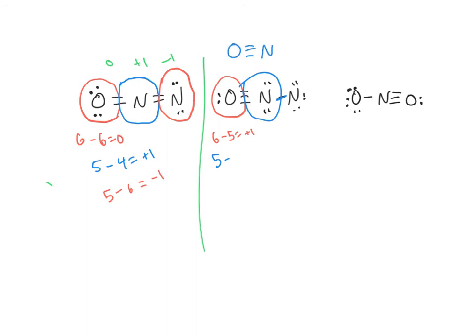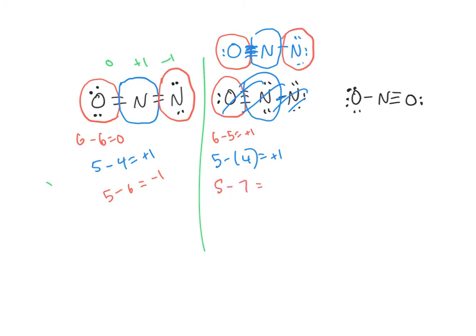Oxygen, nitrogen, nitrogen. Making a mess. That's a triple bond. Okay, so it's 5 for the nitrogen by itself, and there's going to be 3, 4 inside the circle. So this is going to be plus 1. And then on this side, you've got 5 by itself, and you've got 7 inside the circle. Negative 2. That's one we're going to rule out, right?